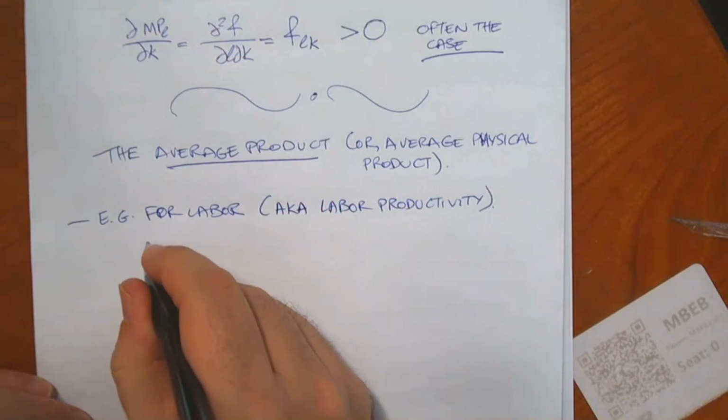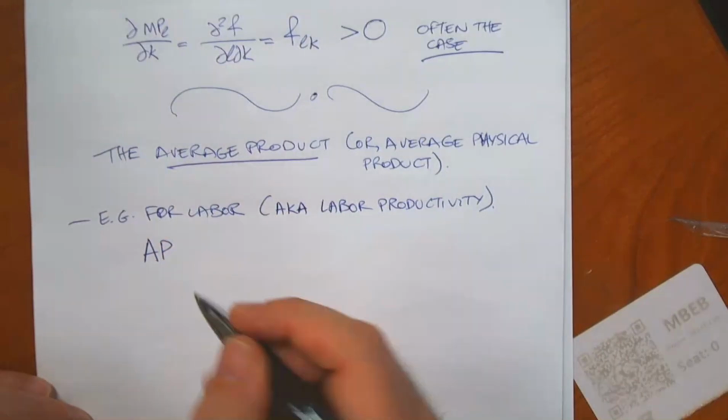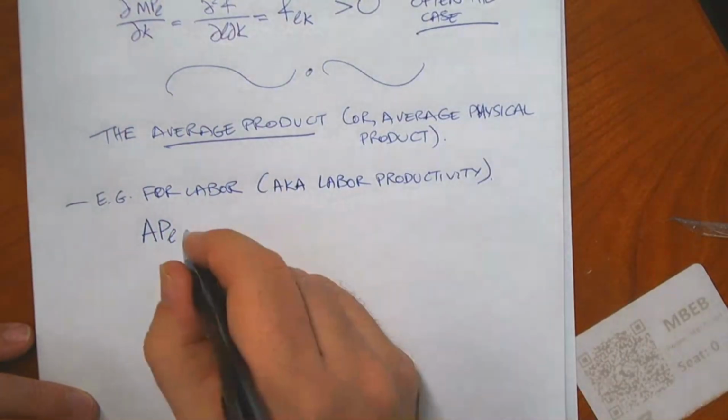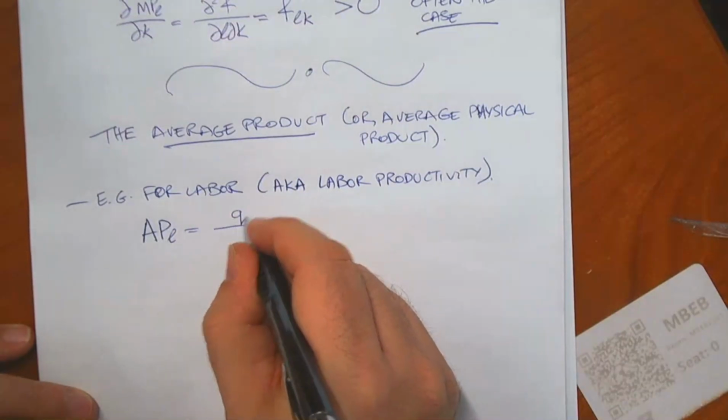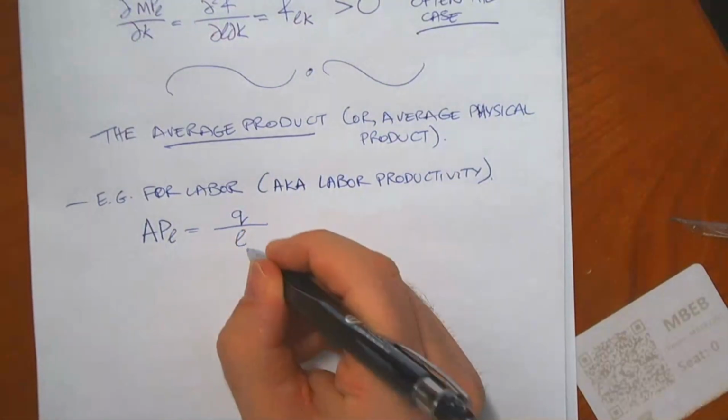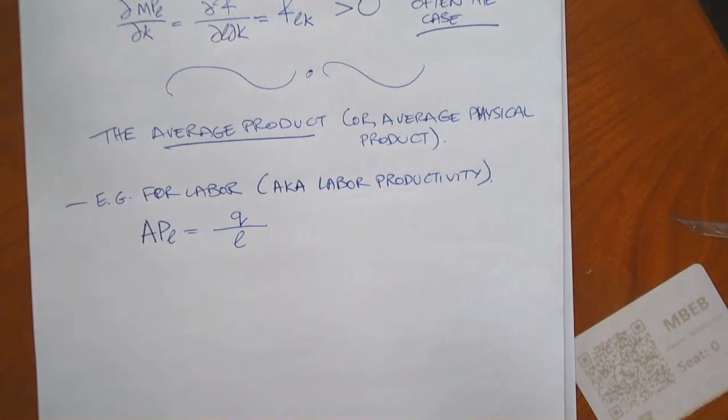We're going to write this as AP, for average product, subscript L for labor, and that's simply your Q, or your F of X, however you want to write this, divided by the units of labor. If you're producing 100 units utilizing 2 laborers, that would be 50.